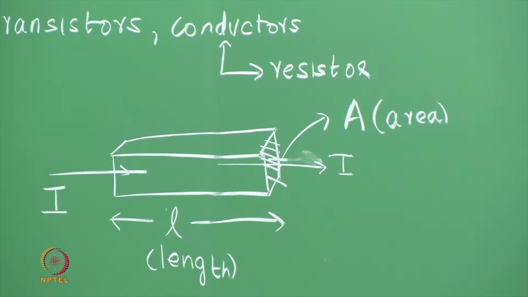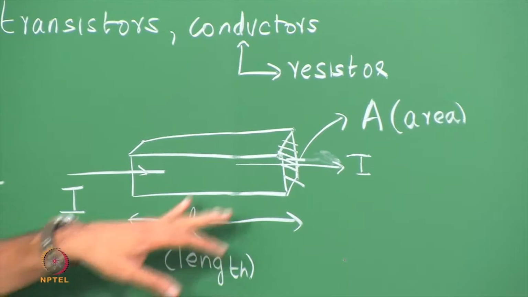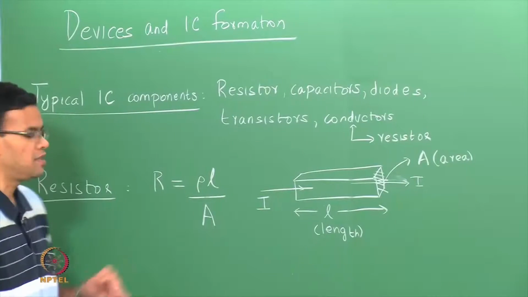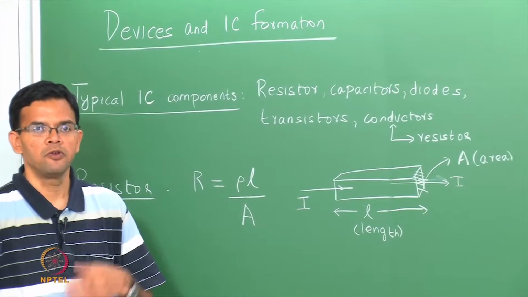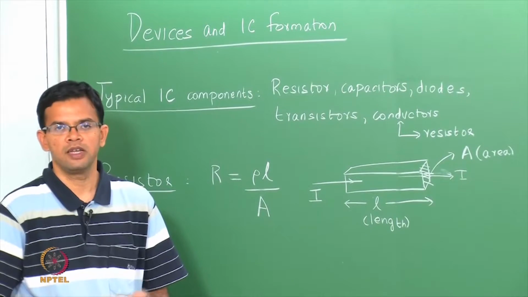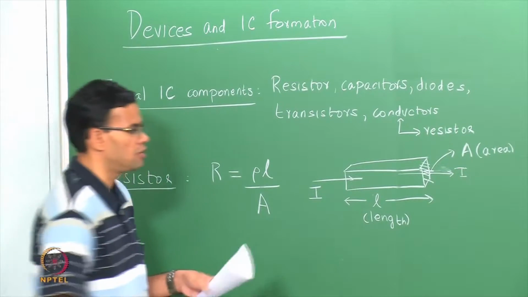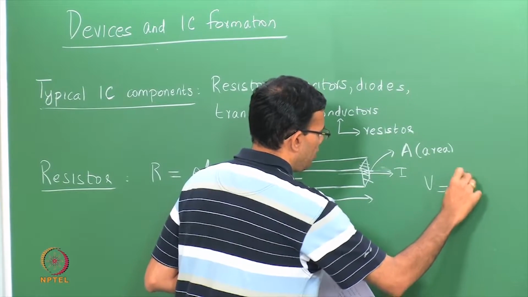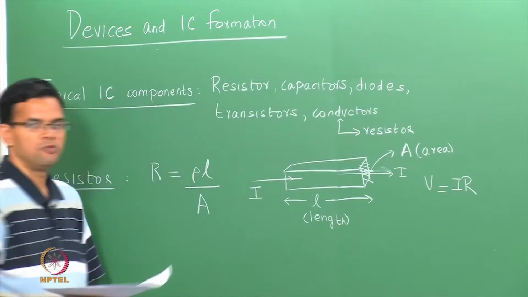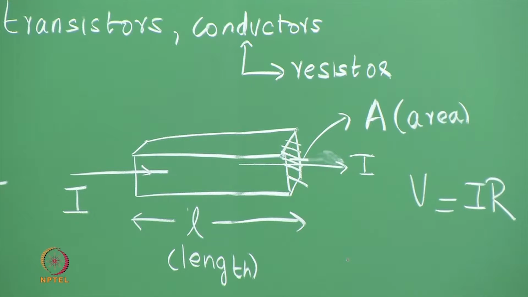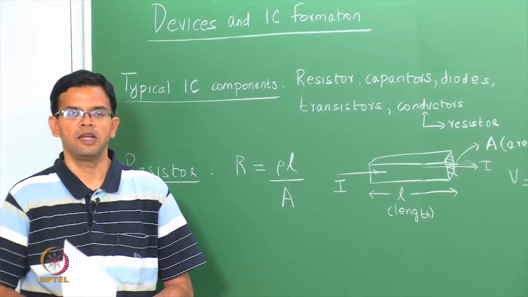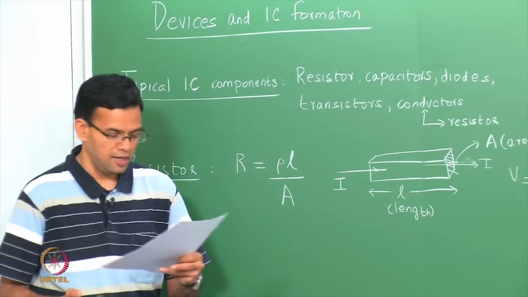So, if you have a block of length L and cross sectional area A, we can define a resistance for that, and if you know the current flowing through it, we can calculate the voltage across it, and the voltage V is nothing but IR, which is your Ohm's law. So, if you think about it, every doped or even an undoped region in your semiconductor is essentially a resistor.